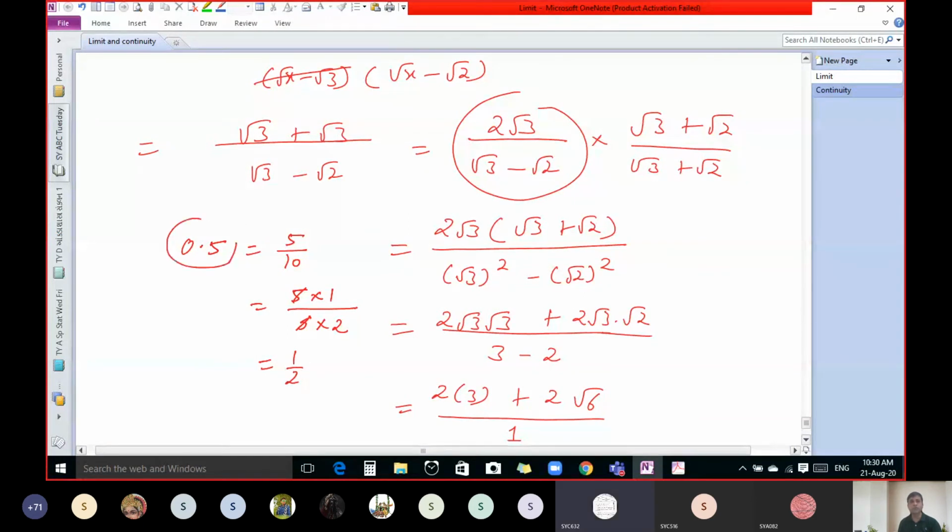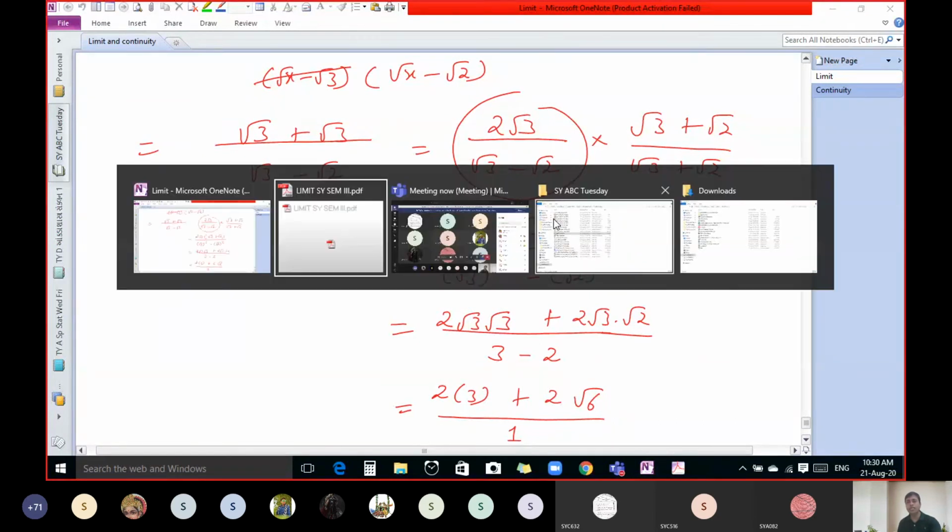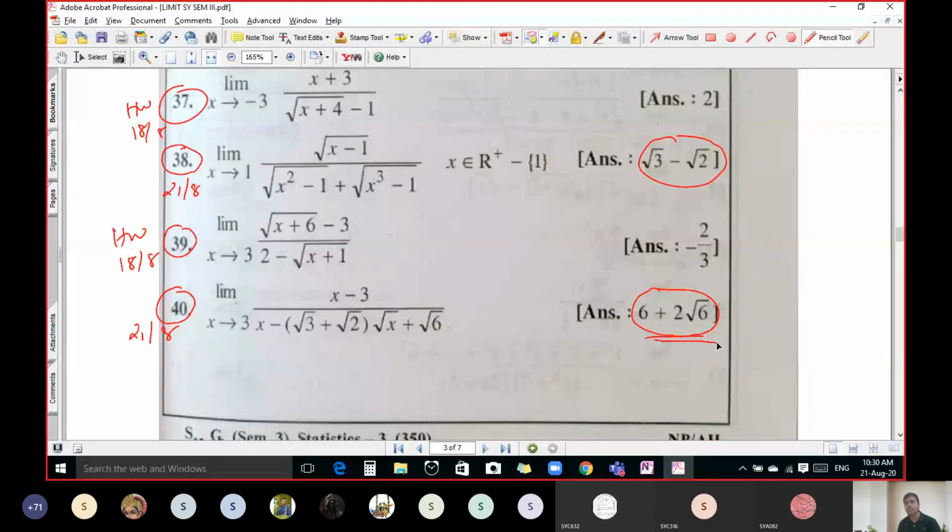But if you keep this 0.5 as it is, it's okay. So that is why either you keep this as it is and consider this is your final answer, or you can do this step. हमने ये step किया है only to verify this answer.